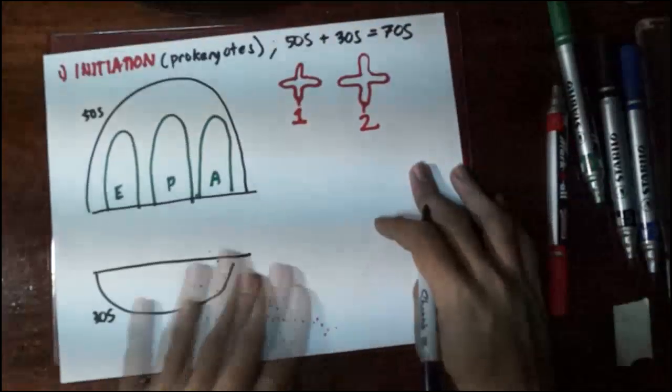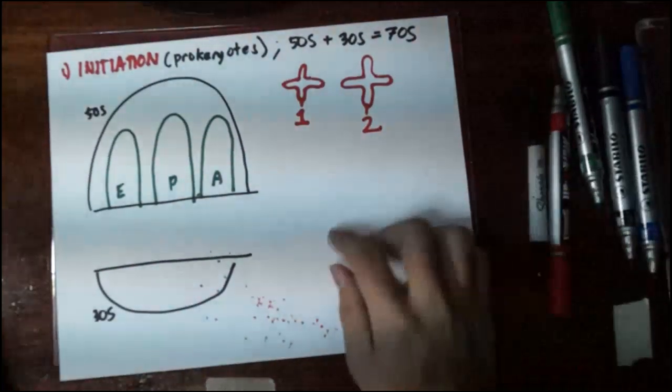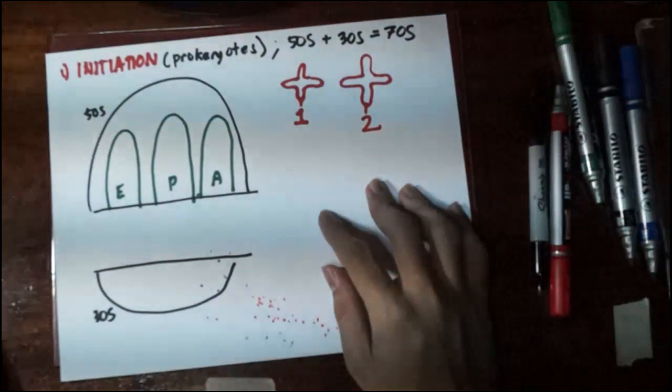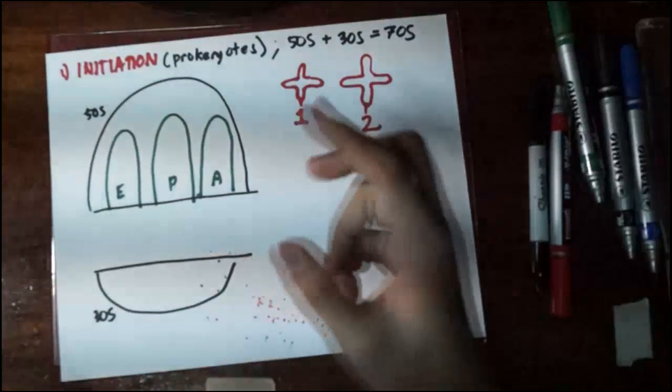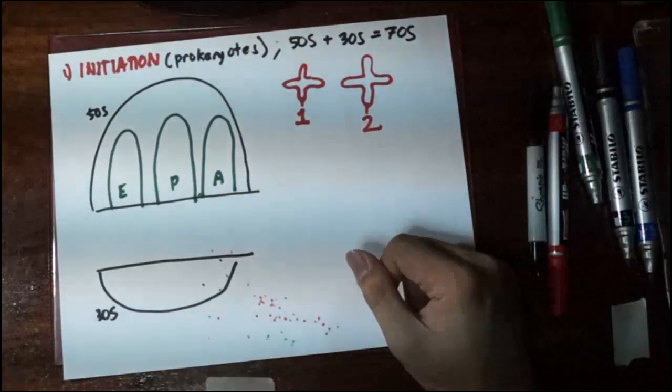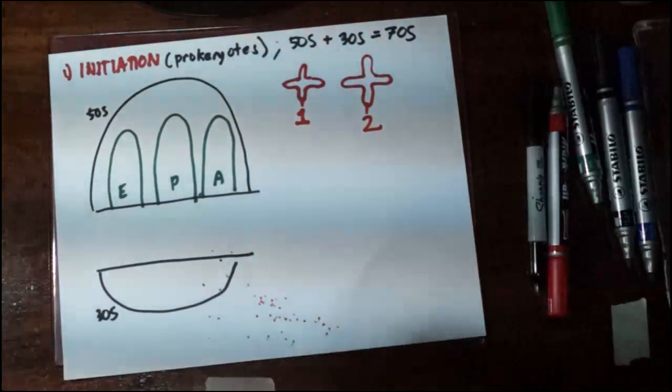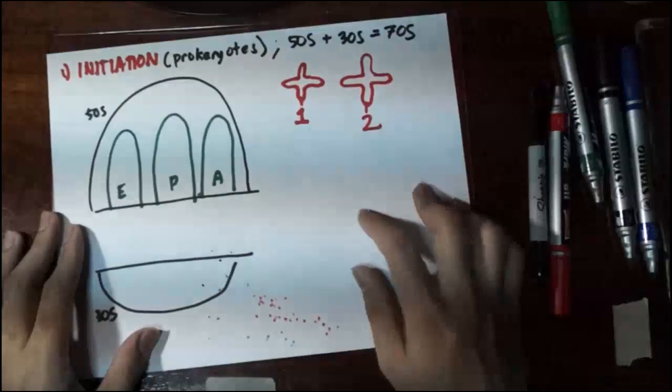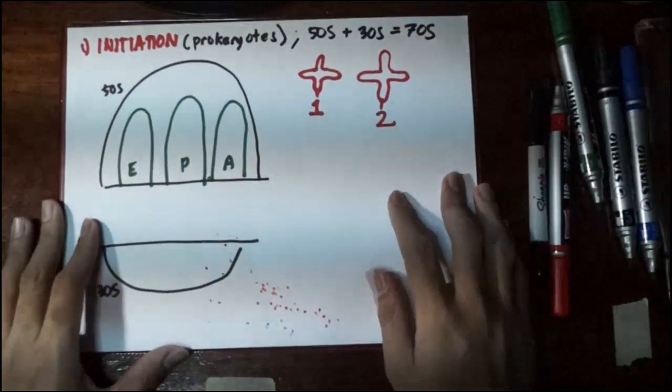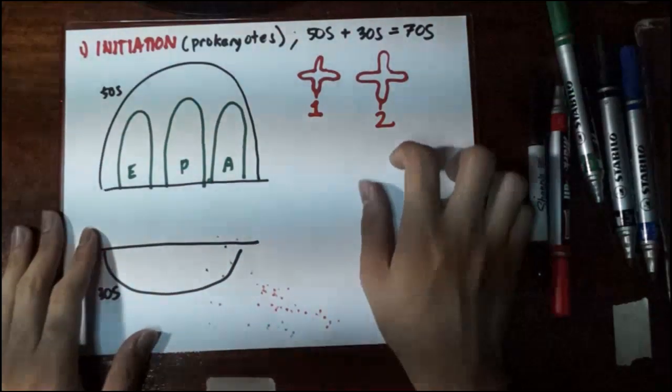So let's start off with protein synthesis with initiation. With initiation, all we do is we open up the ribosome and we insert the mRNA there. We just set up the entire apparatus, if I would call it that way, in order for elongation to take place.